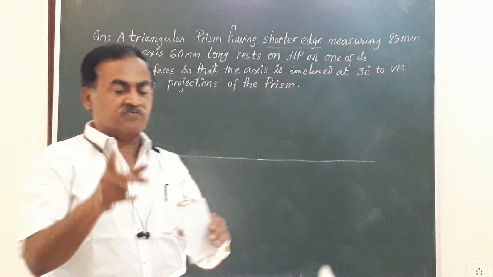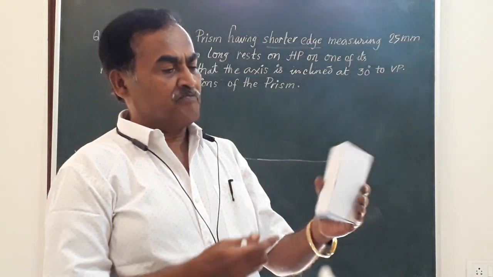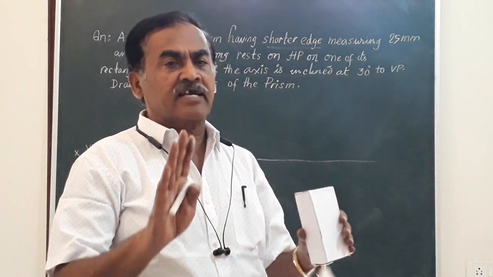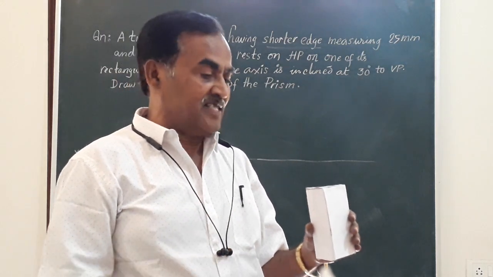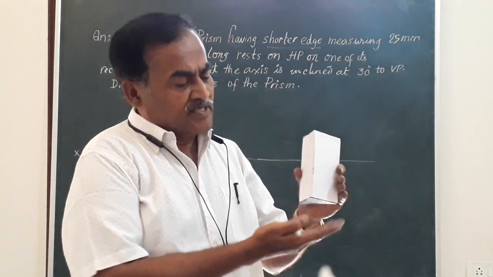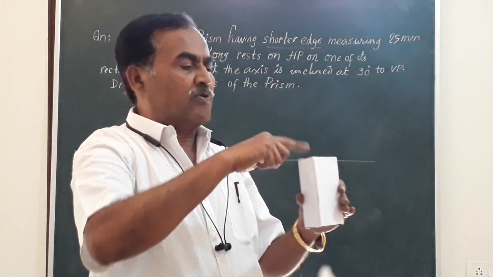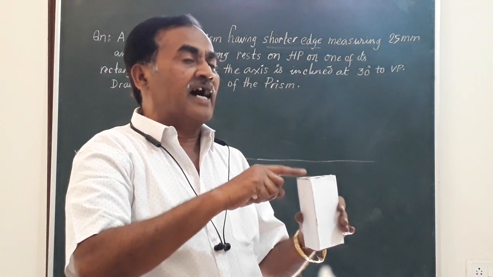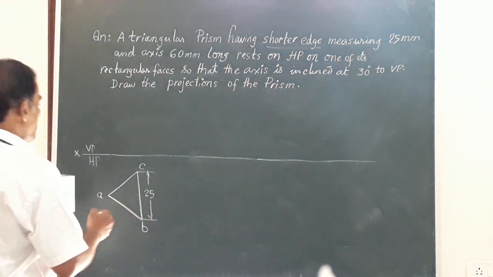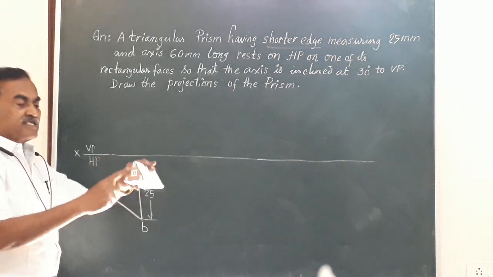What happens in case of these prisms? The top and bottom faces are exactly identical, and hence you will be able to see only these three corners. The bottom three corners are covered by the top three corners and hence you will be able to see only ABC. So this ABC represents the top face of the solid.